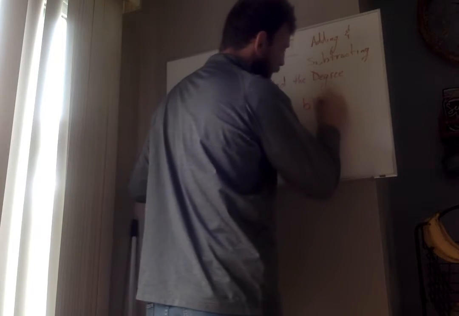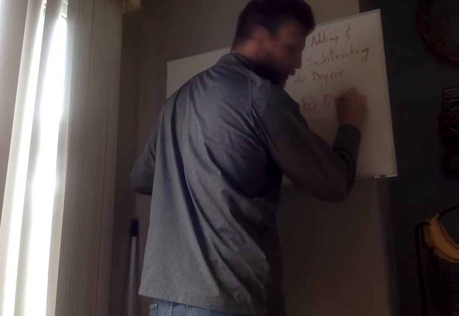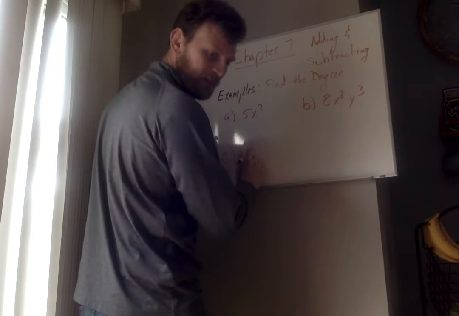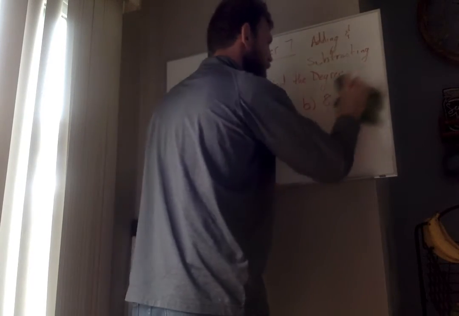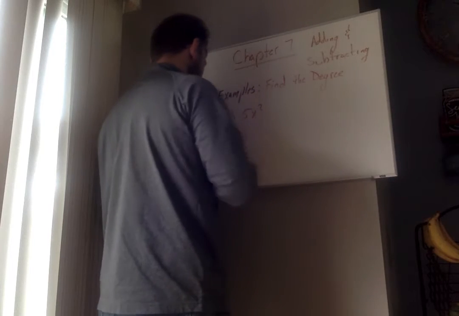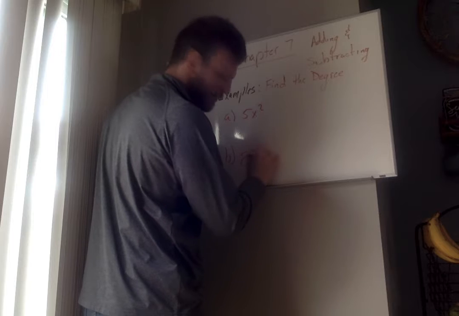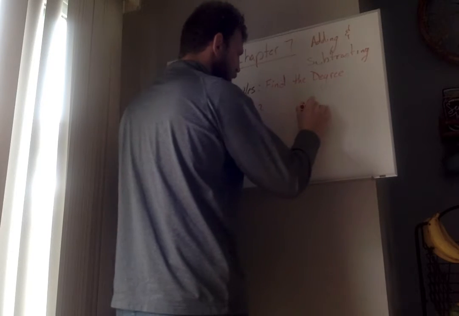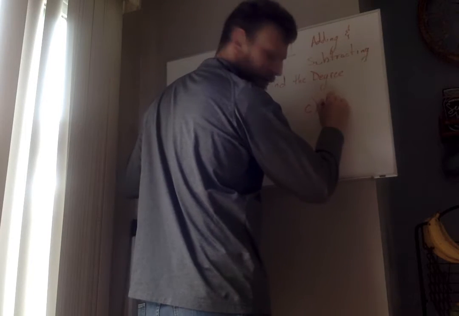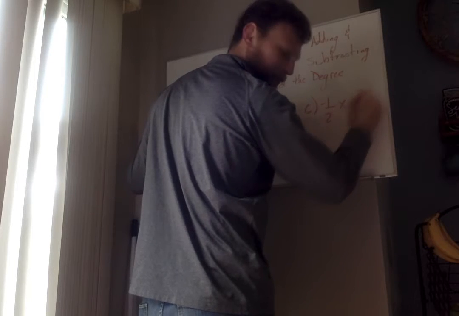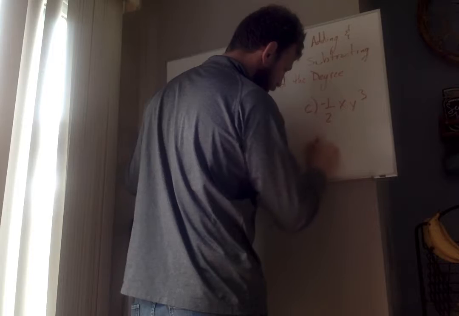B is 8x cubed y cubed. C is, well, actually, let me write this the way it's written in your book. B is 8x cubed y cubed. C is negative 1/2 xy cubed. And D is negative 3.